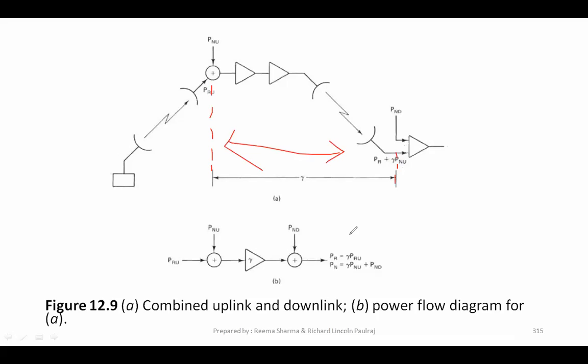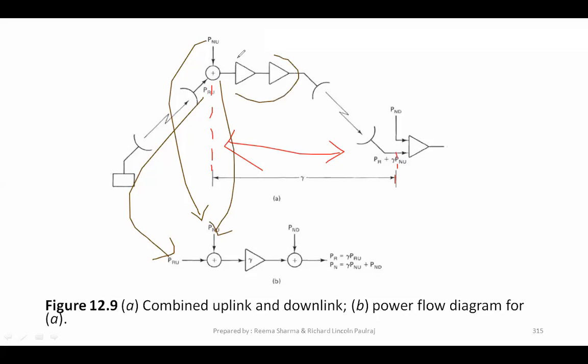This can be modeled in the form of a simple diagram, where the same PRU that is mentioned is taken up here, and your PNU also comes here, and the noise addition that happens is also mentioned. These two amplifiers are put together, and we have a multiplying factor called gamma.